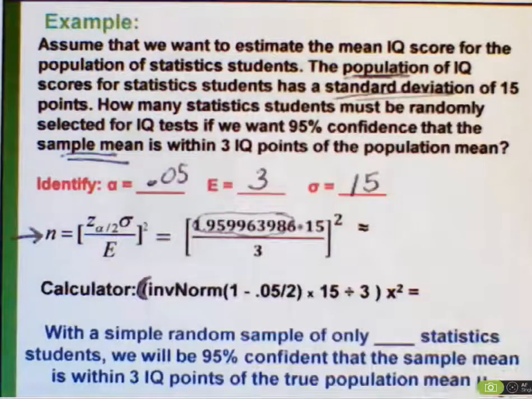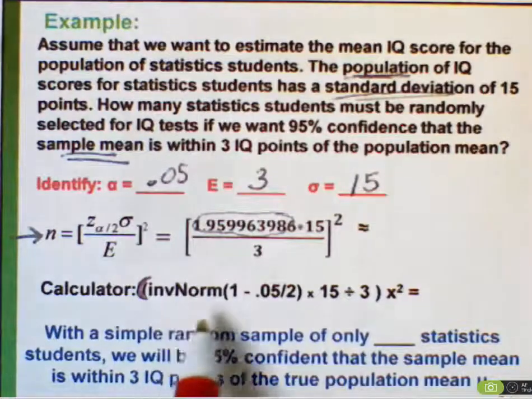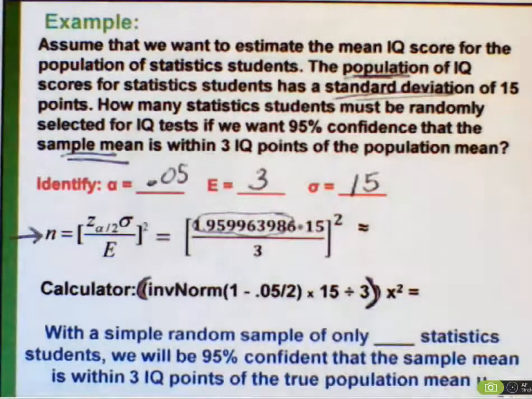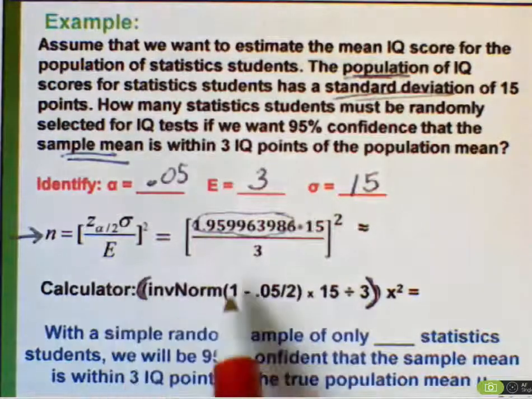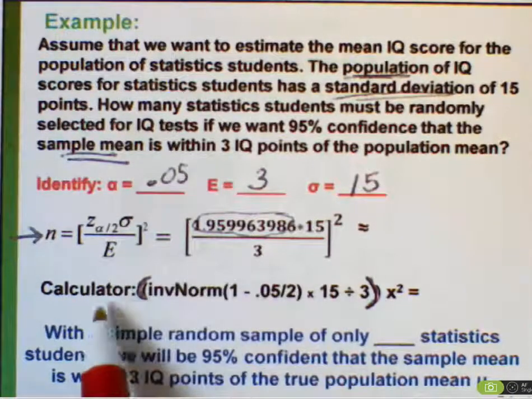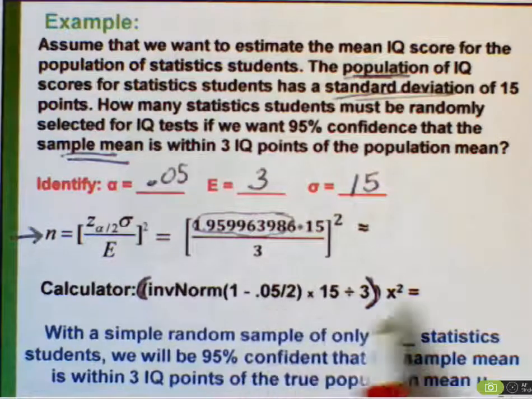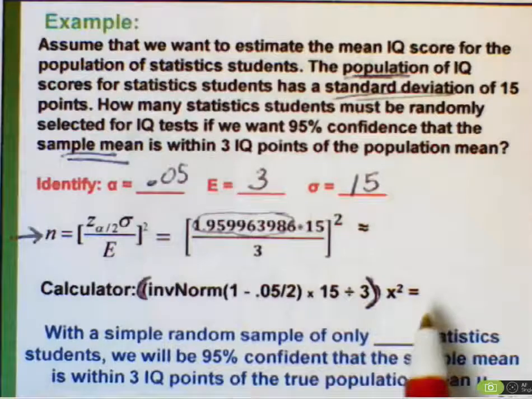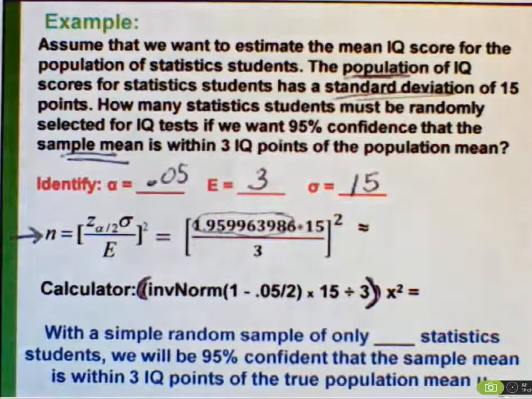I had to open parentheses before I even opened inverse norm because I need to square that entire quantity. I'm going to enter that entire expression inside one big set of parentheses, and after I close that parentheses, then I will square that answer and hit equals. All right, let me show you what that's going to look like on the calculator.